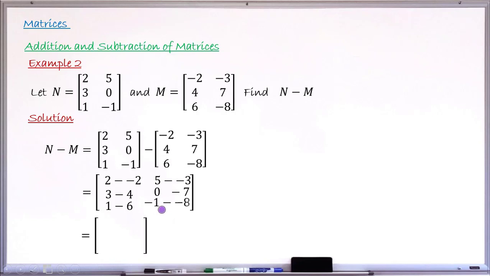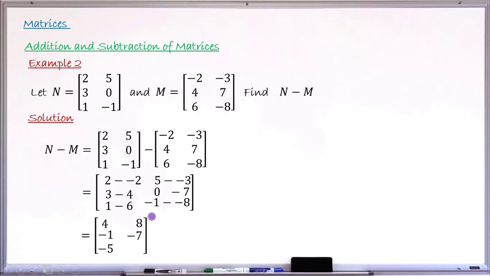Now I'll do the subtractions and write the results. 2 minus minus 2 changes to 2 plus 2, and that gives 4. 5 minus minus 3 becomes 5 plus 3, giving 8. 3 minus 4 is minus 1. 0 minus 7 is minus 7. 1 minus 6 is minus 5.